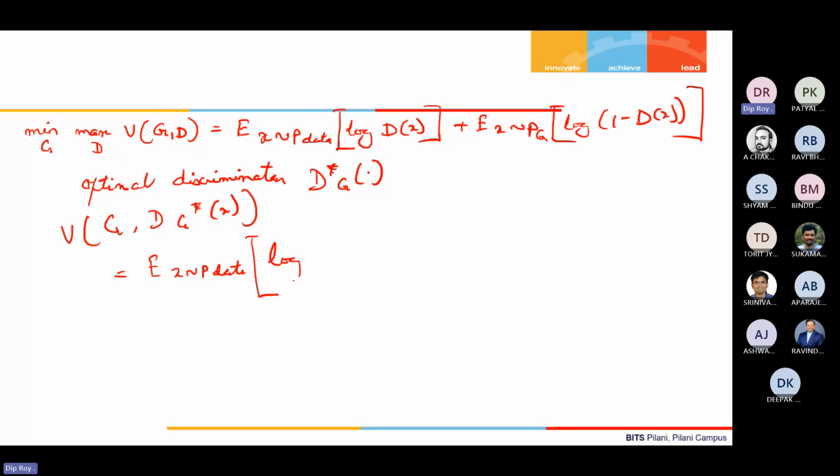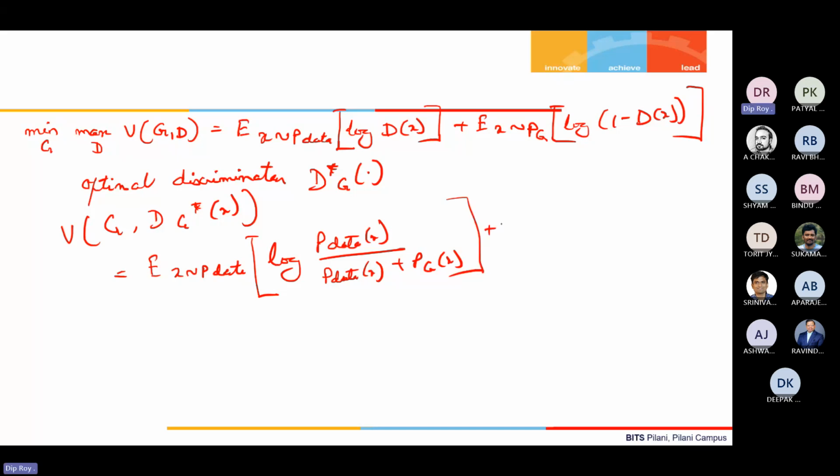I'm going to write this D of x as P data x divided by P data x plus P of g x, from the earlier slide.